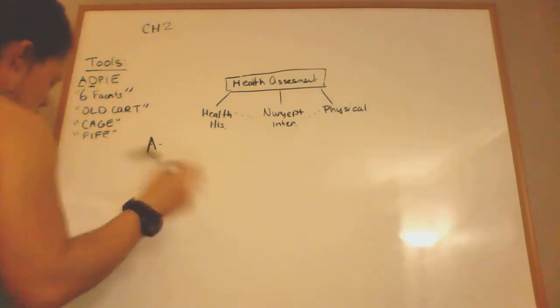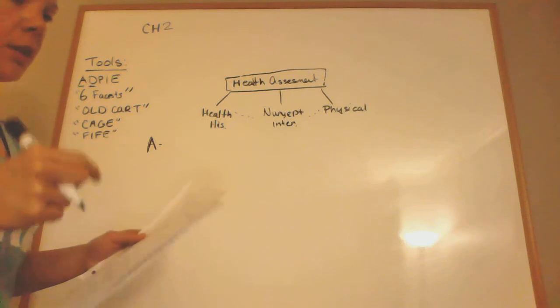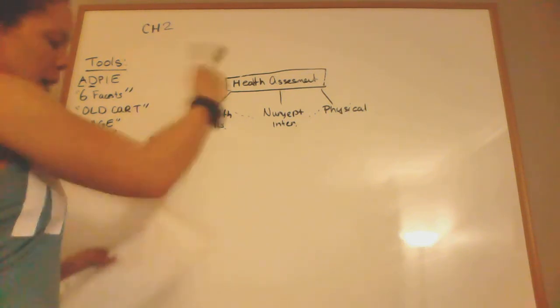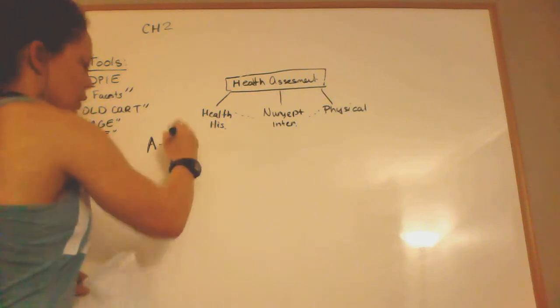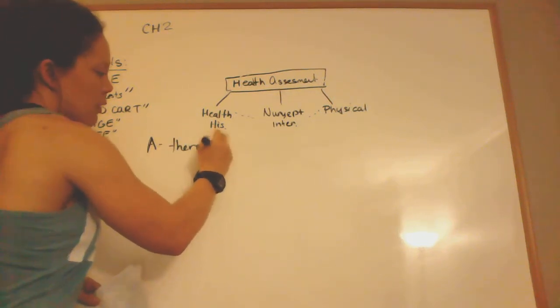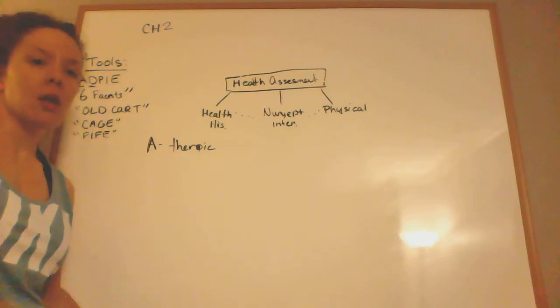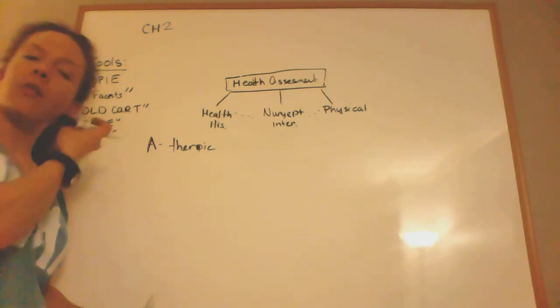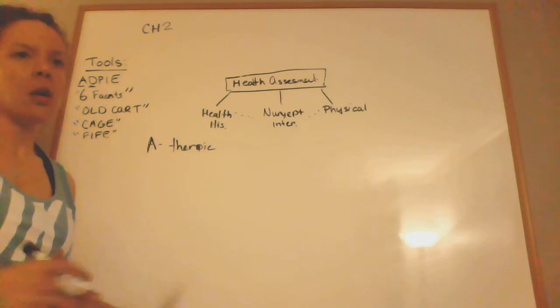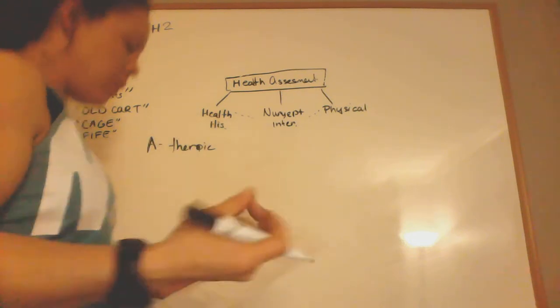Something that you don't necessarily think about, and according to the text, this is what they relate to health assessment. So some of it's therapeutic communication. When you do the assessment, you're using therapeutic communication, that opening to close, allowing for pauses, allowing for emotions to go through, dealing with the angry patient. That's therapeutic communication.